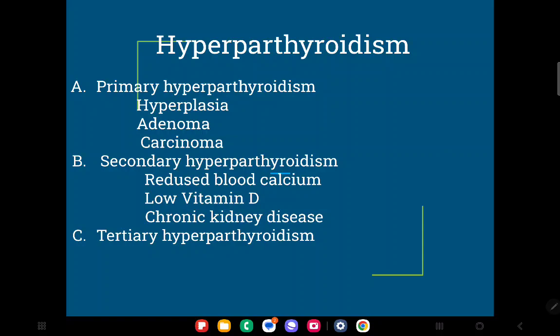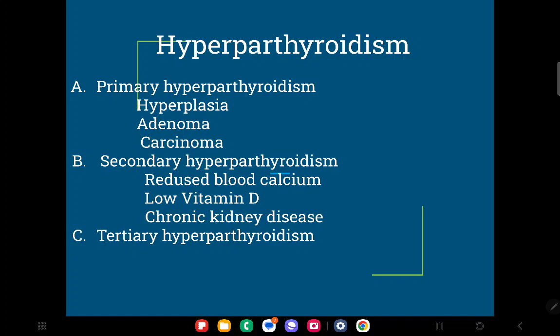Secondary is caused by a feedback effect: if there is low blood calcium, there is feedback to the parathyroid that the calcium is low, and then the gland will start to secrete parathyroid hormone. If there is low vitamin D also, it will cause low calcium, and it will cause the gland to work more.